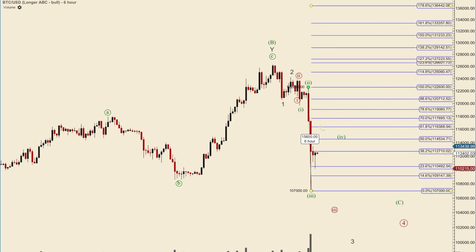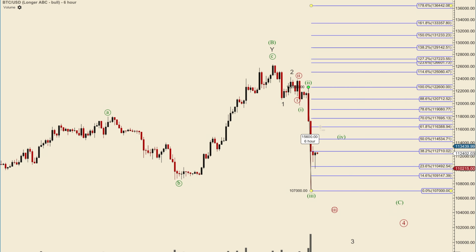And also we have this scenario where we are counting this as a zigzag W, X, and then you can ask yourself, well, isn't it possible to count this as a double zigzag? Well, a double zigzag has very low probability if we hit the 0.70 fib.